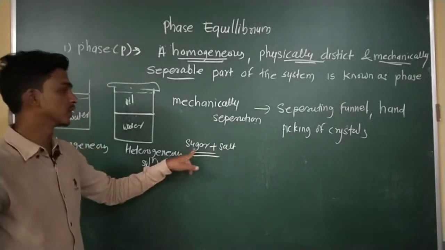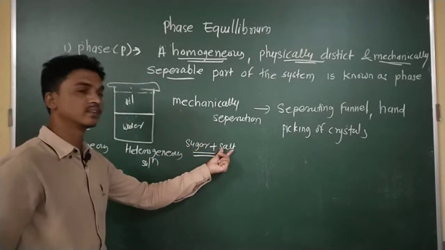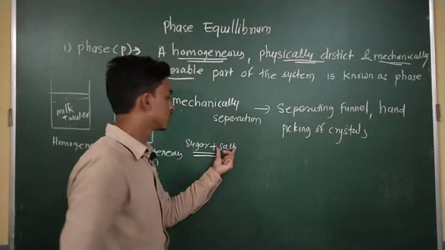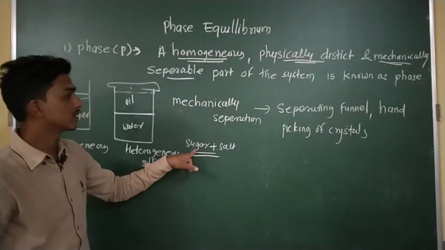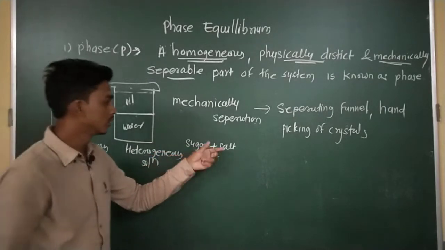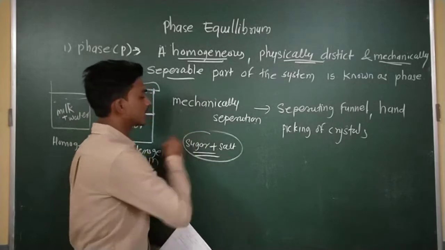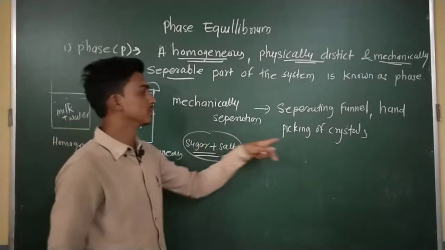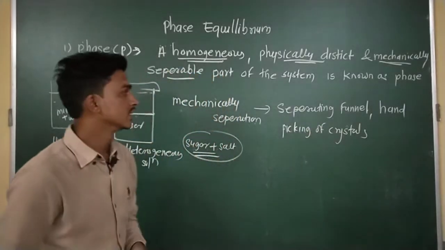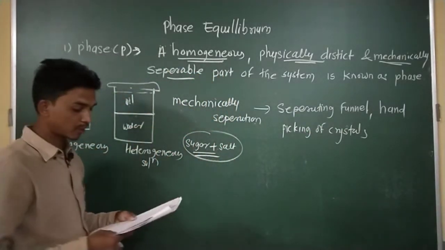Both are solid, but the salt's crystal size is very small and the sugar crystal size is different from the salt. So I can separate the sugar from this mixture of sugar and salt by using my hand, or we can say hand picking of the crystals. This is the mechanically separable part.